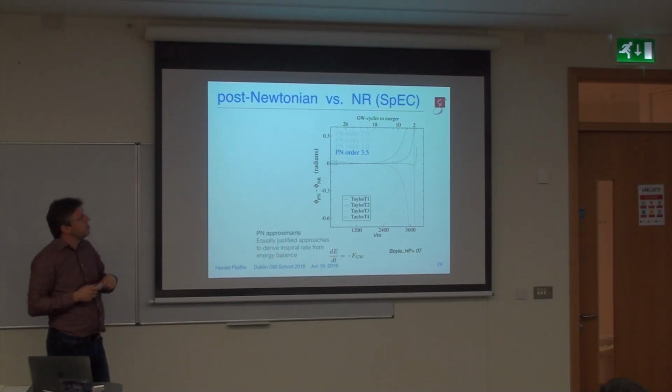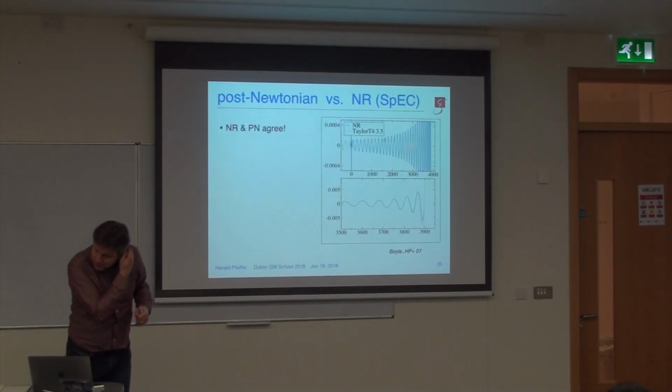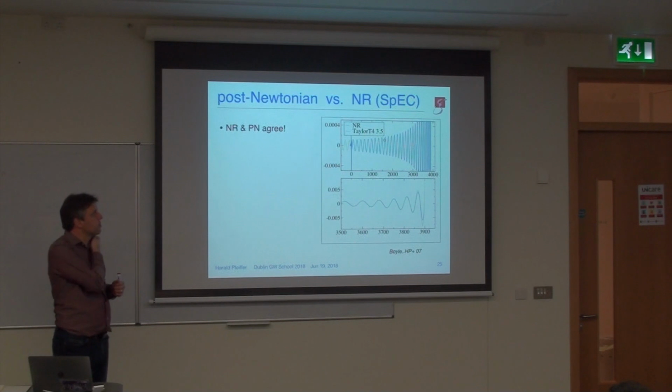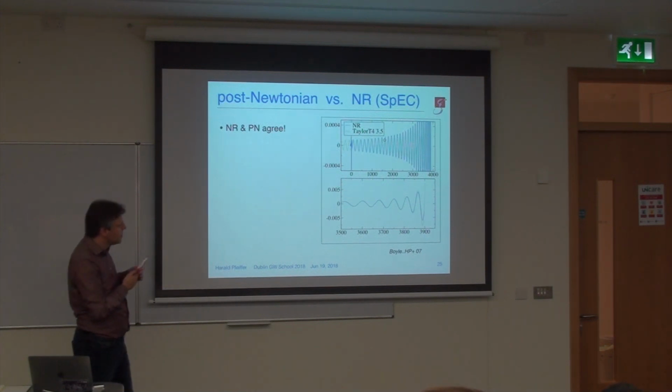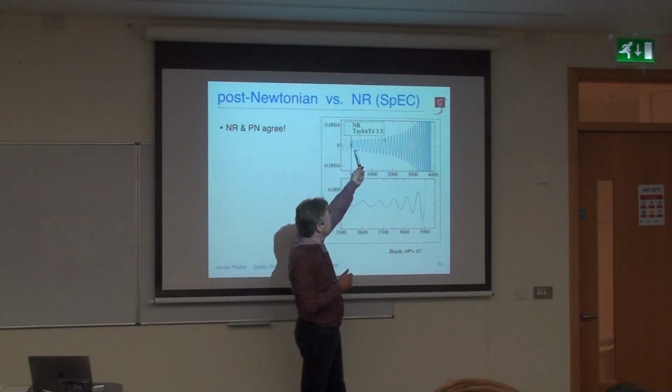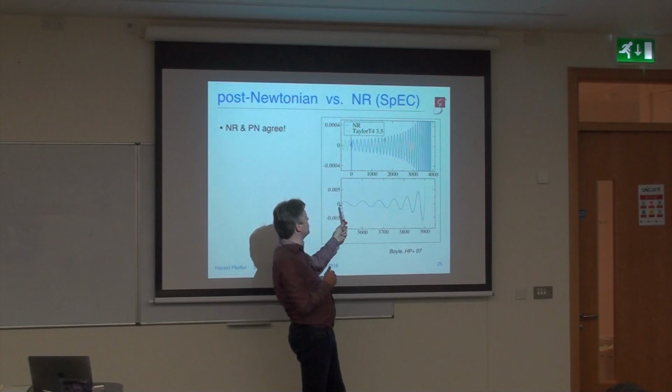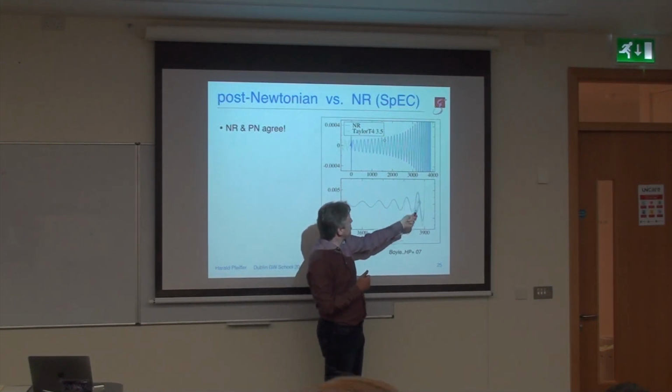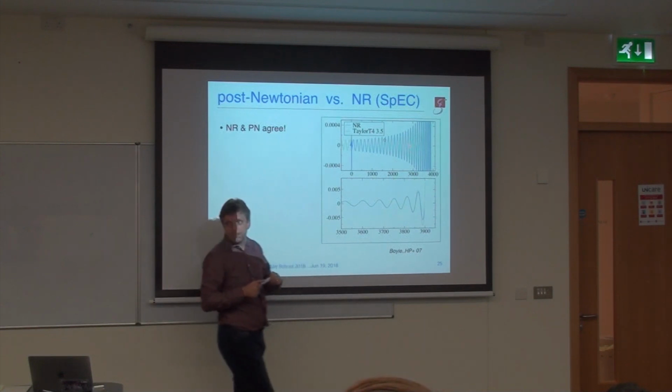And also from the post-Newtonian side, to get a sense of how well post-Newtonian works, and to clear up a confusion that was floating around for a year or so in the community, that post-Newtonian theory actually works all the way to the end. For reasons unclear to me, it turned out that the early post-Newtonian comparisons were all done with Taylor T4, one particular way of writing post-Newtonian theory. If you look at the inspiral, there is nearly perfect agreement over here. Here's the last 2 cycles blown up, still nearly perfect agreement all the way to 2 cycles before merger.